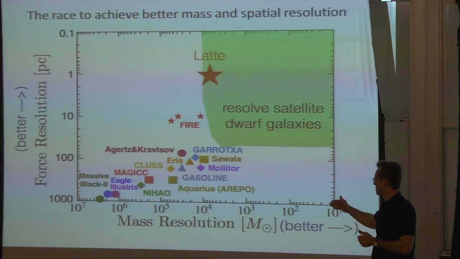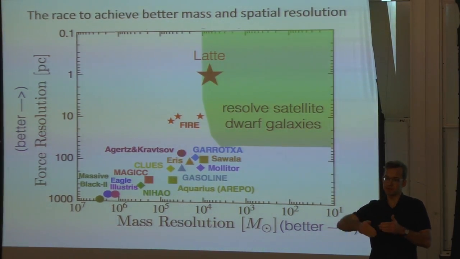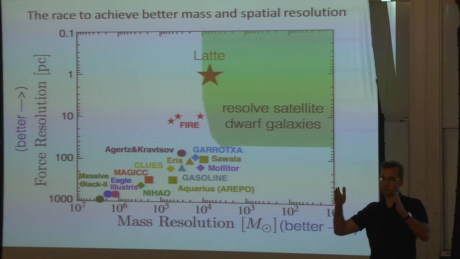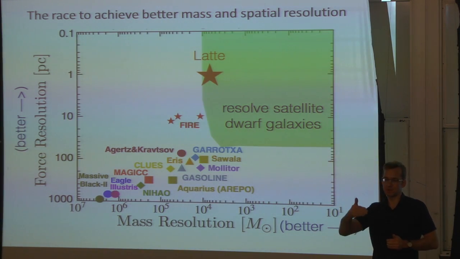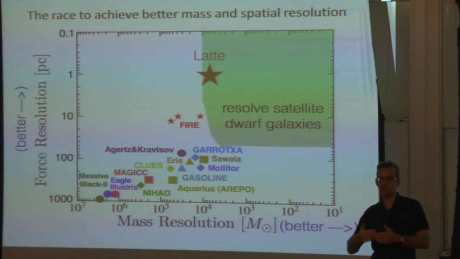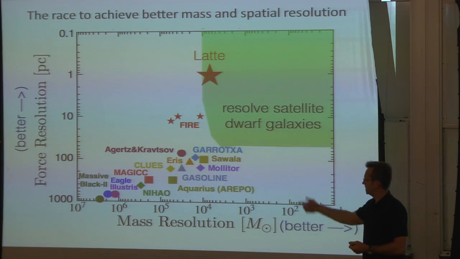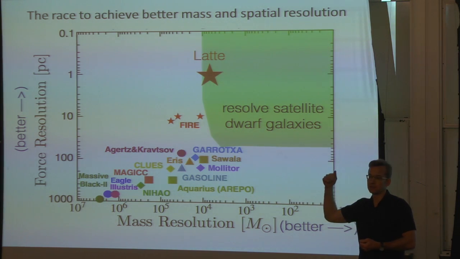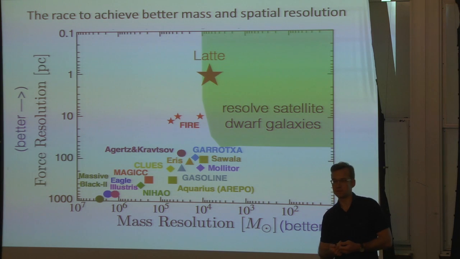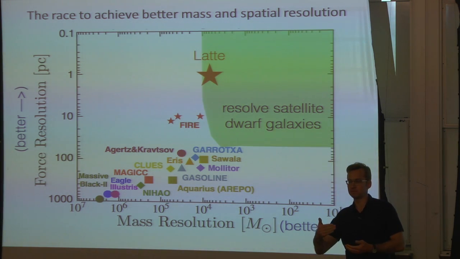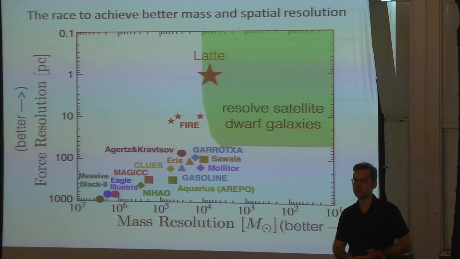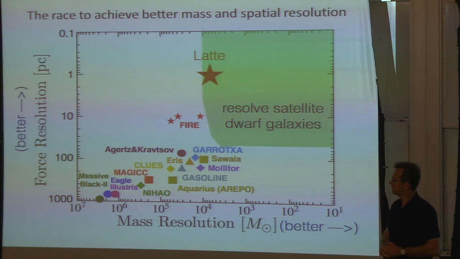So better mass resolution means smaller mass particles for the same total mass in that volume, which just means we have to have more particles. But the smaller masses we have, the smaller structures we can resolve, and the more interesting parts about galaxies we can learn. Spatial resolution is the same thing. It's technically a different resolution, but smaller is better. We can, again, resolve smaller structures, and we can calculate the forces between components of the galaxy better.